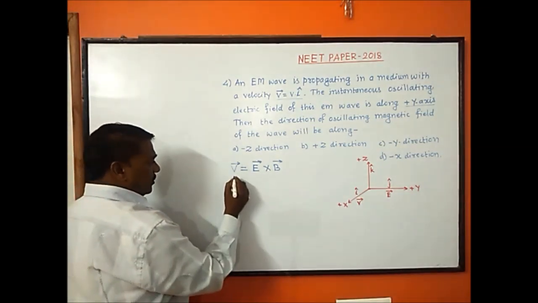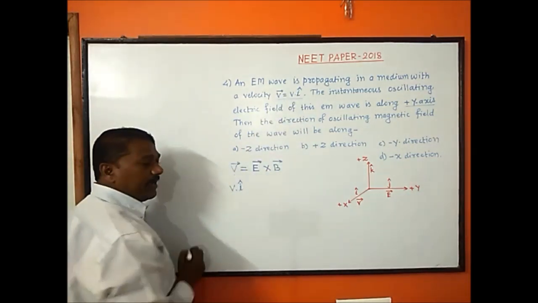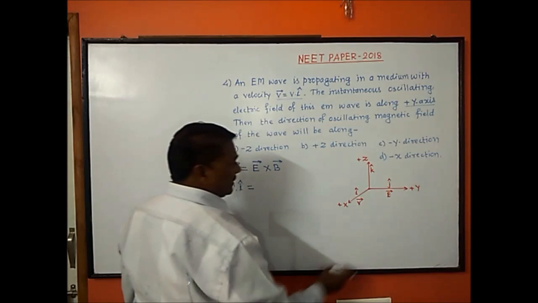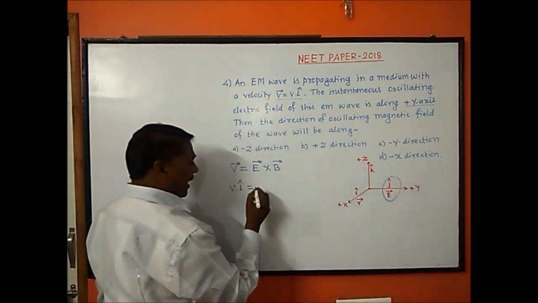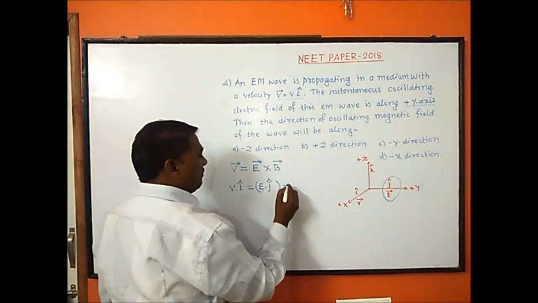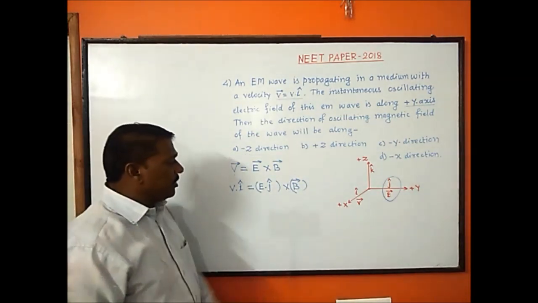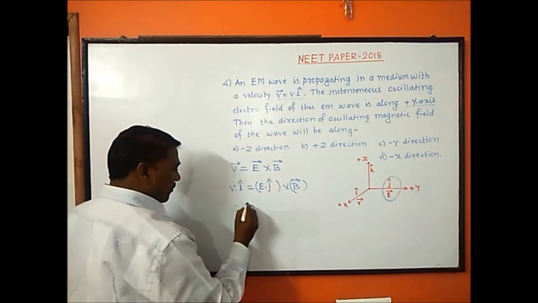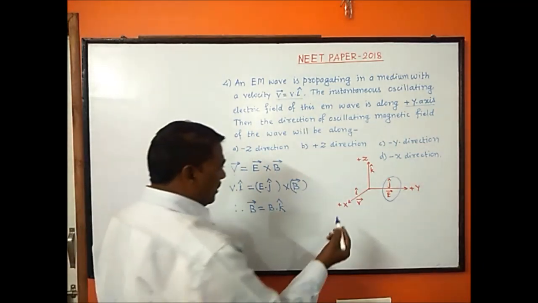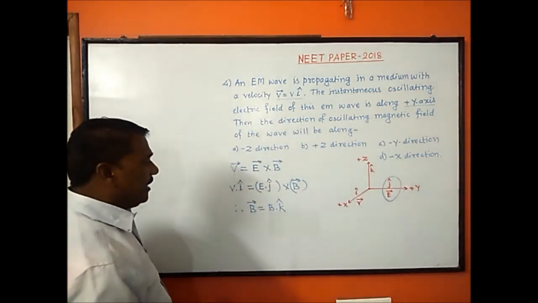Given that the velocity vector v is v i cap, that is along the x-axis, and vector E is along positive y-axis, which you can consider as E j cap, multiplied by vector B. As these three directions are perpendicular to each other, you can consider vector B equal to B k cap, which is perpendicular to the positive x-axis and the positive y-axis, and is in the positive z direction.